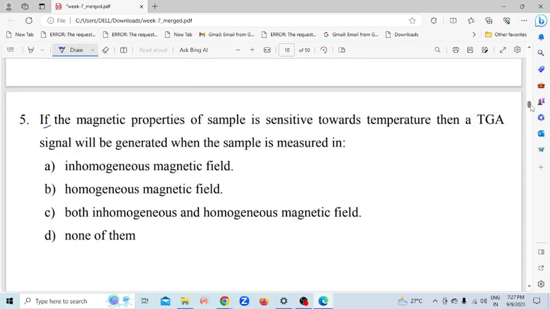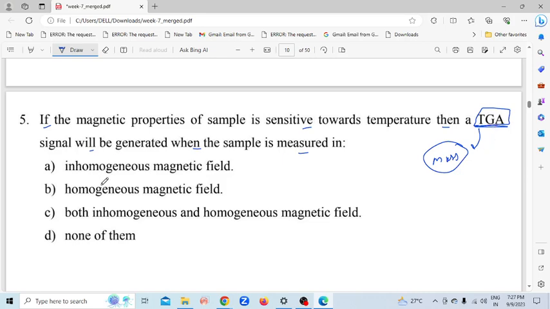If the magnetic property of the sample is sensitive toward temperature, then a TGA signal will be generated. A TGA signal is generated when mass changes; generally mass loss, sometimes mass gain, but mostly mass loss only. So when mass loss occurs, a TGA signal will be generated.